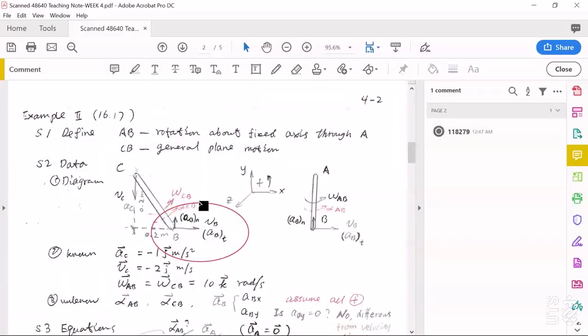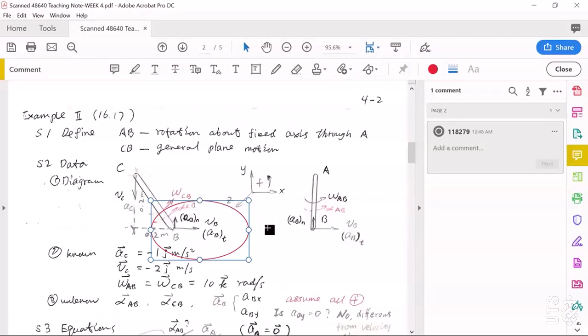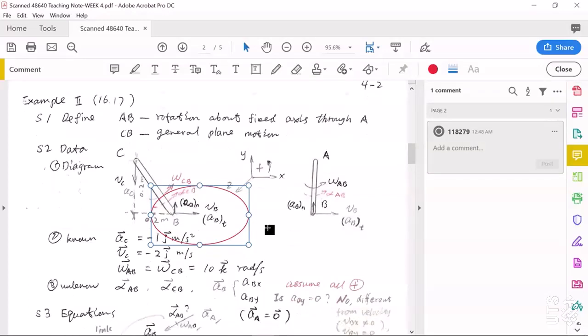For the direction of omega CB, this one is already known, counterclockwise. For the direction of angular acceleration alpha BC, for this one, we don't know at this moment. We just assume it's positive, counterclockwise. That's the kinematics diagram for solving this problem.